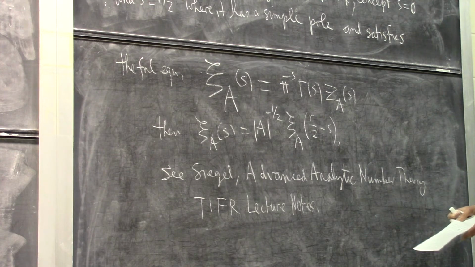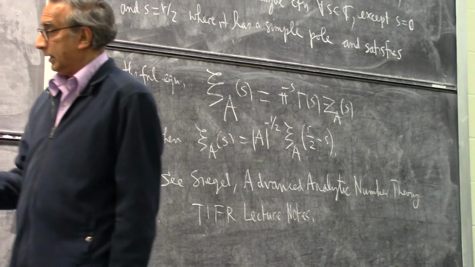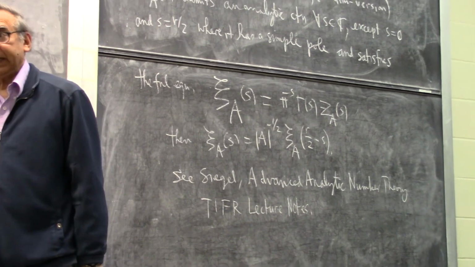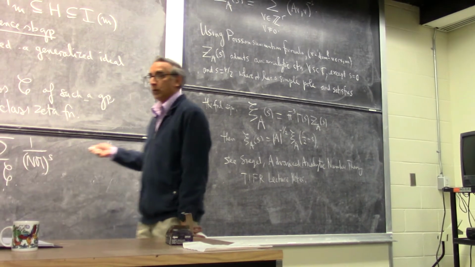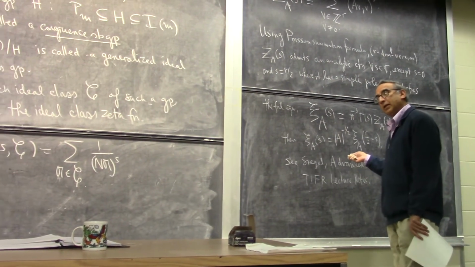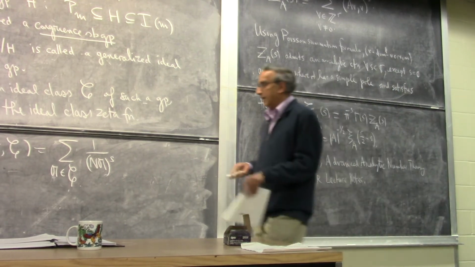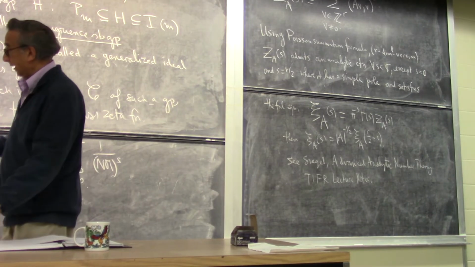Now, one can transform the study of zeta_K(s, C) into an Epstein zeta function and then apply this theory to derive the analytic continuation and functional equation for these ideal class zeta functions.